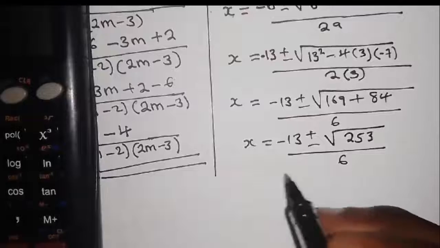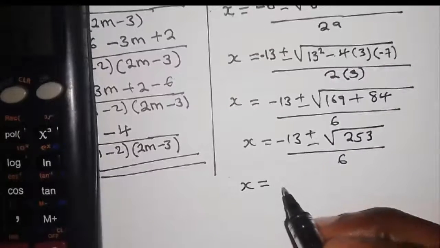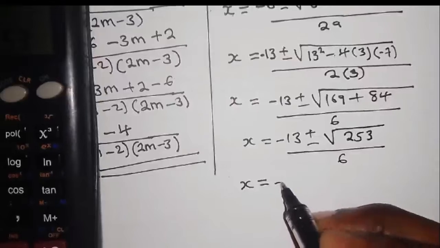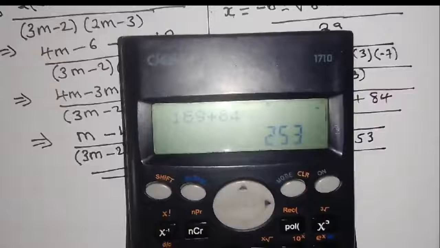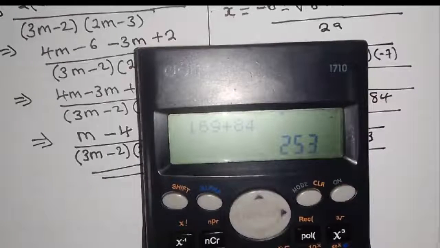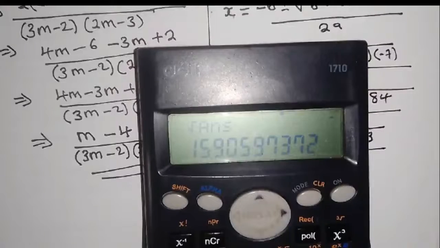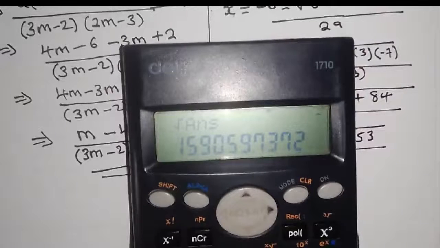Now at this point you can find the square root of 253. So you have to write the square root, okay? So all you have to do is just the same answer that is on your calculator, you just punch square root. Then you're going to get 15.905.